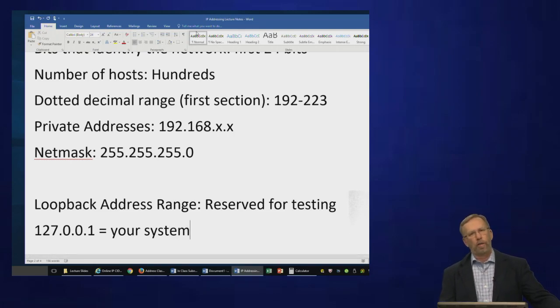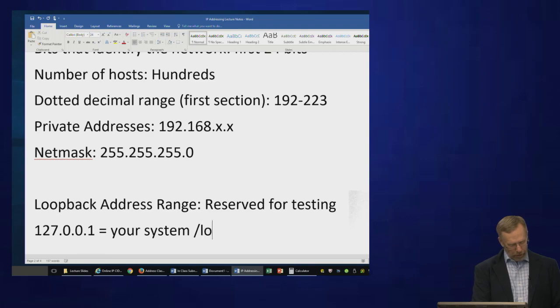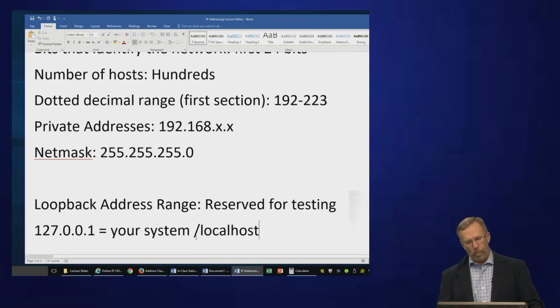There are other ways we can refer to your system, but that's one way. Another way we can refer to your system is by putting in the URL localhost. That will also look at your system.